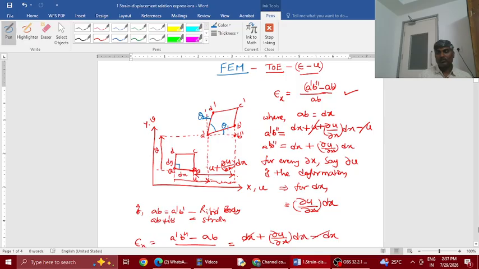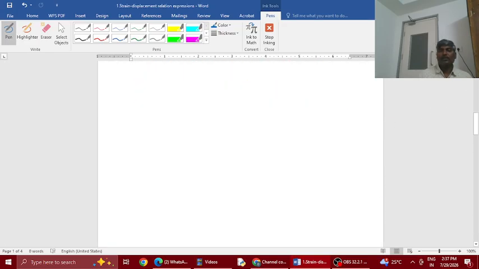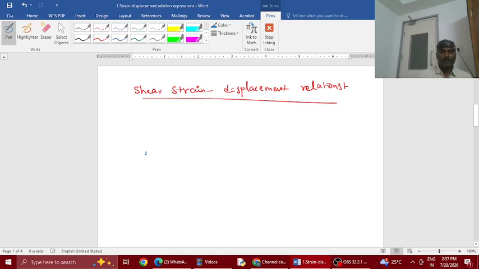Okay. So let us have a fresh diagram so that it will be much clearer. Okay. Same xy plane. Consider this. Let us pick the element. Okay. Right.